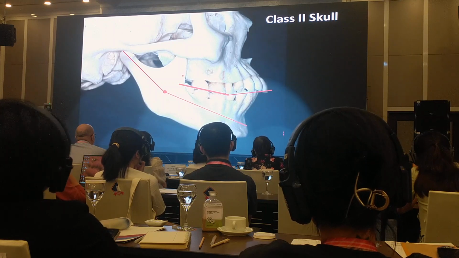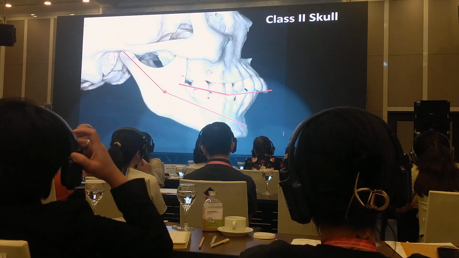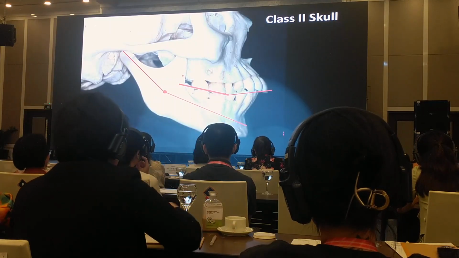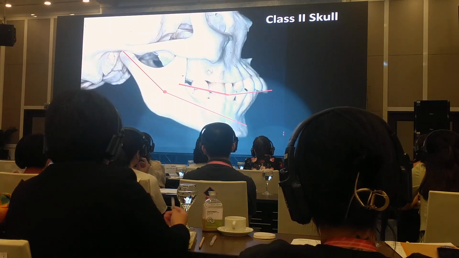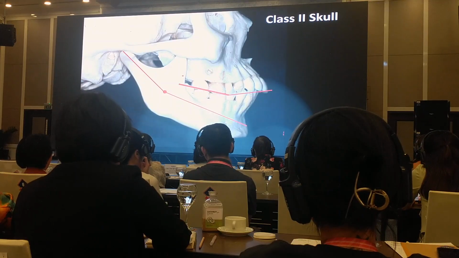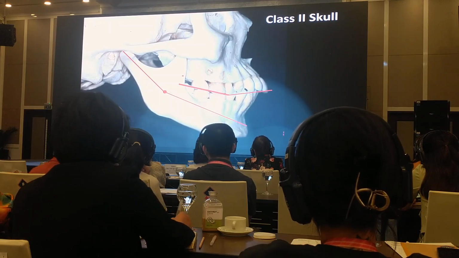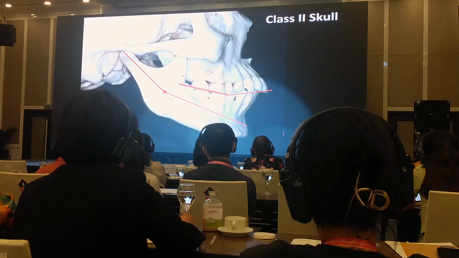We can measure how much compression in our diagnostic system. Therefore, I can say, whatever the class 2 patient, we have to make an unloading joint. Unloading is the condyle pulling down.